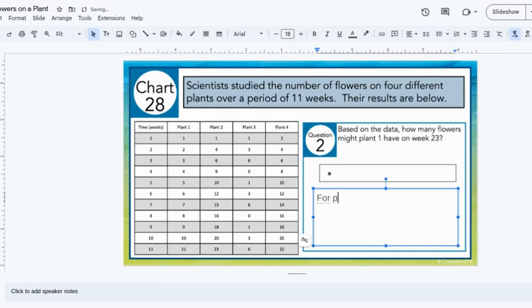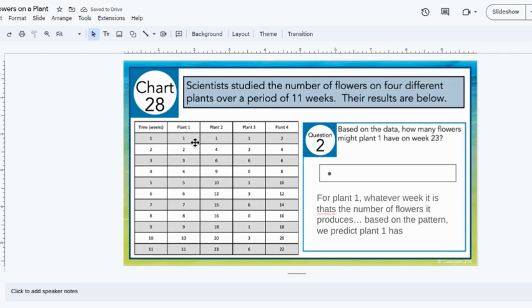For plant 1, whatever week it is, that's the number of flowers it produces. So, how many flowers might plant 1 have on week 23? I propose that it would have 23 flowers. Based on the pattern, we predict plant 1 has 23.